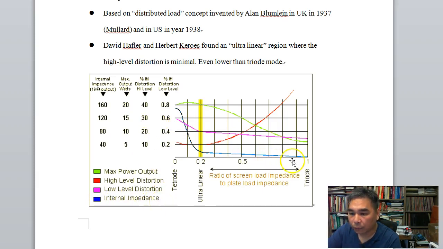As we all know, the triode has a very low internal impedance, while pentode mode has a very high internal impedance.